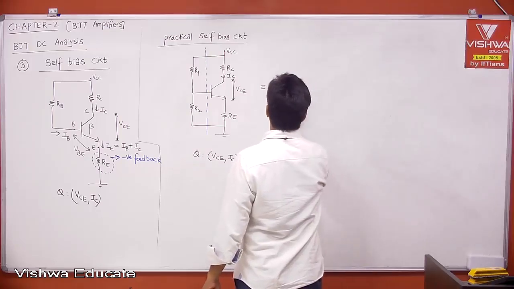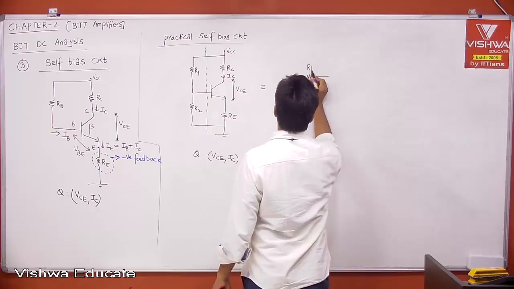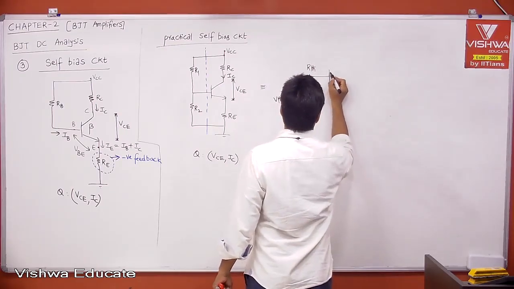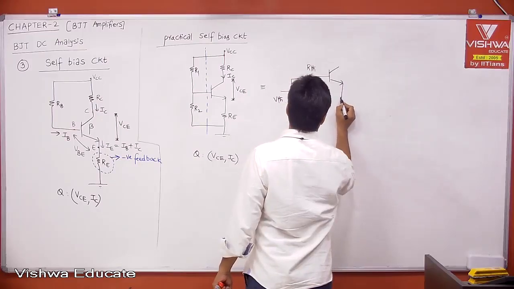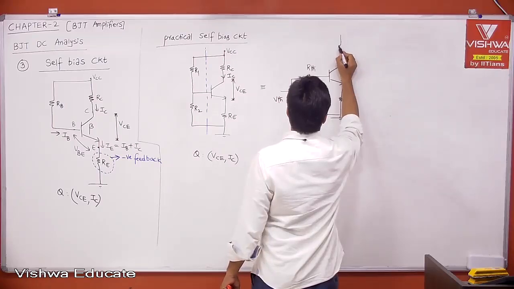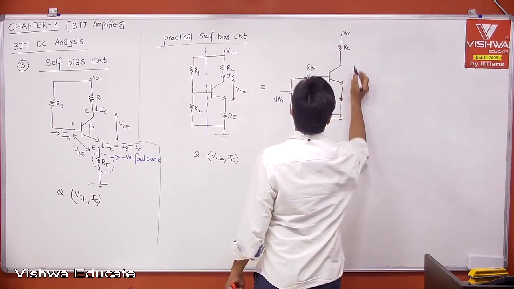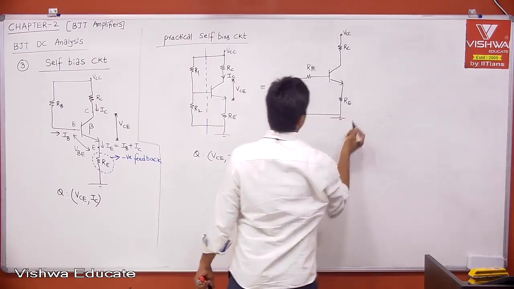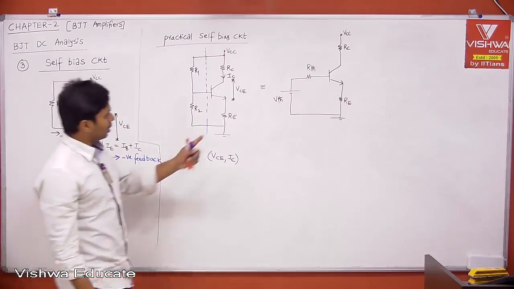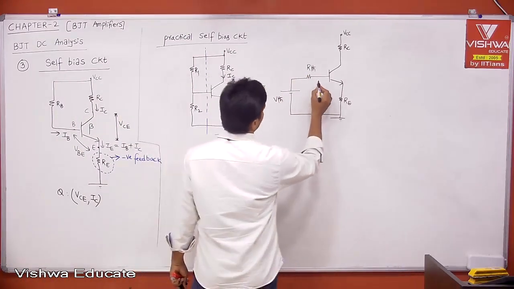Then what you get is VThevenin and RThevenin. Here VCC and RB, but here VThevenin and RThevenin. Both are the same.